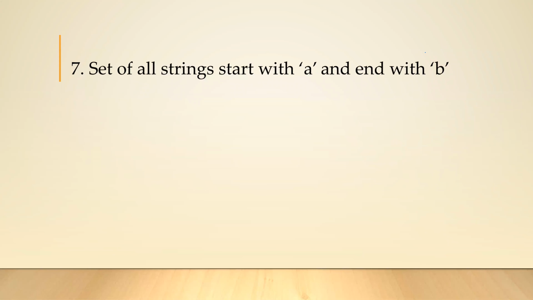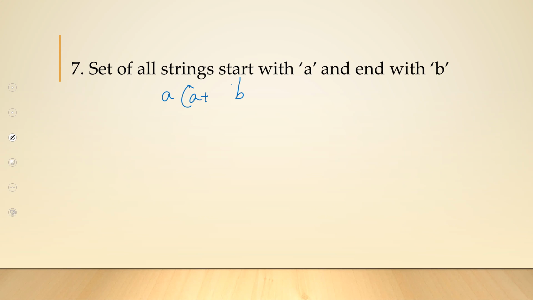Set of all strings starting with A and ending with B. This means in the beginning there should be an A, and at the end there should be a B. In between, I am not bothered.